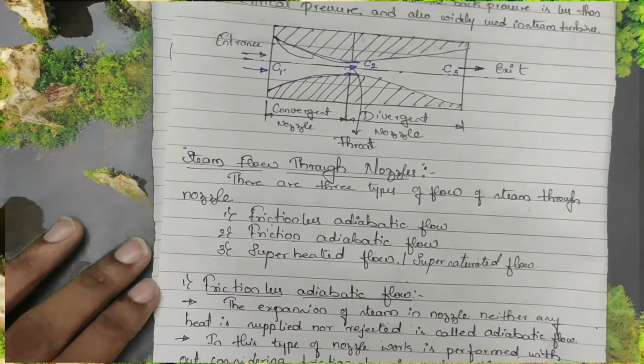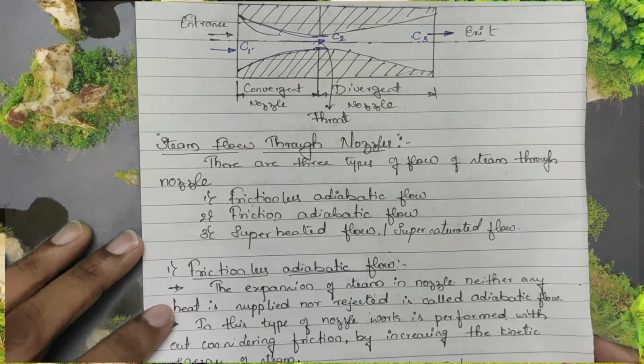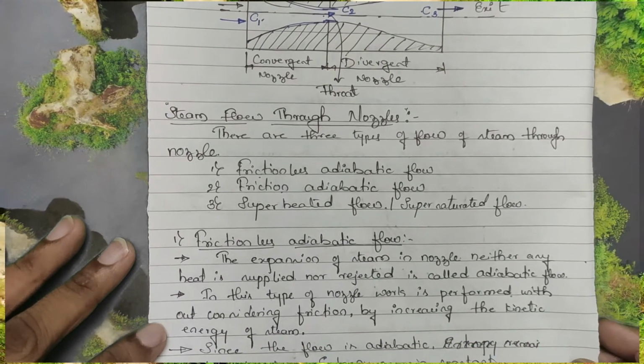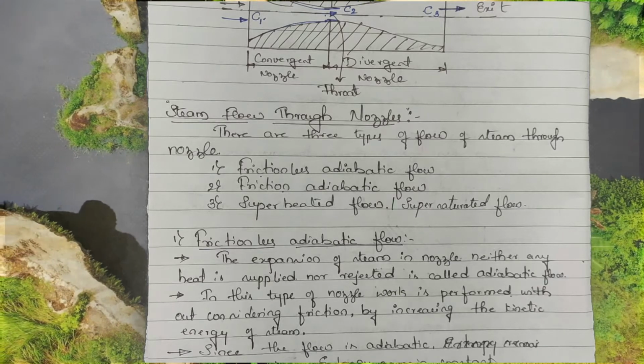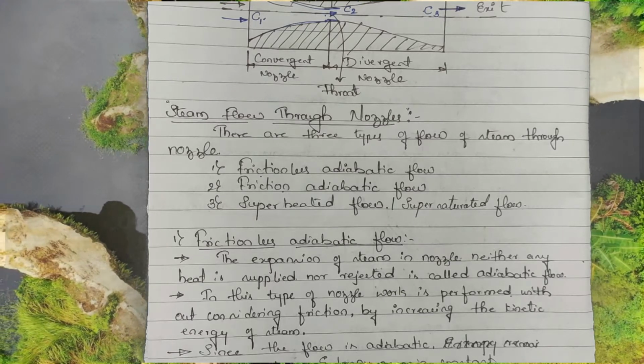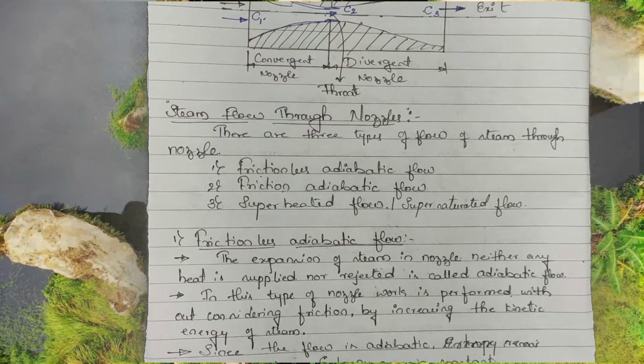Here a very important thing to remember is the steam flow through a nozzle. A nozzle is an open system. An open flow system means mass and energy can easily cross the boundary.